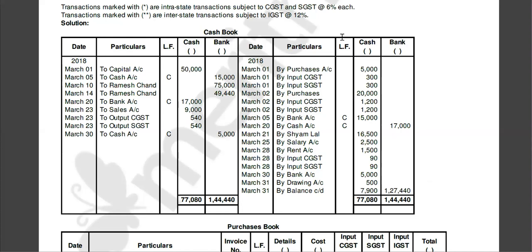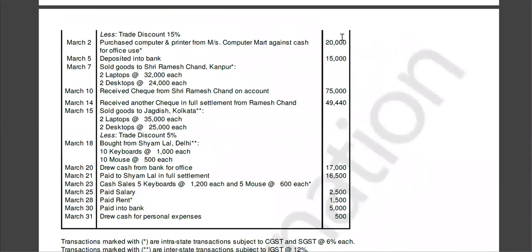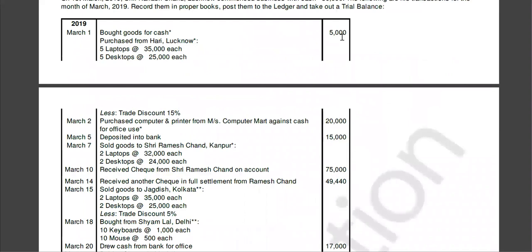Let me see the second transaction. The second transaction goes to the purchase book. Okay. The third transaction is also a purchase of computer and printers, a cash transaction, for office use. So purchase of computer account debit to cash.